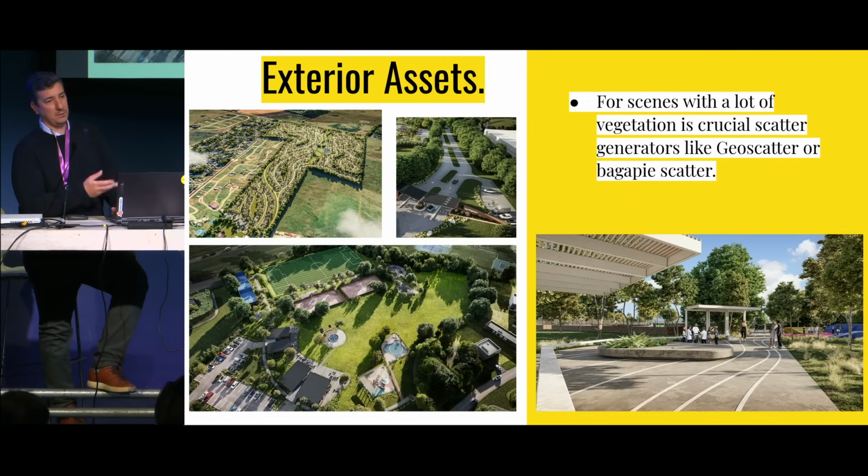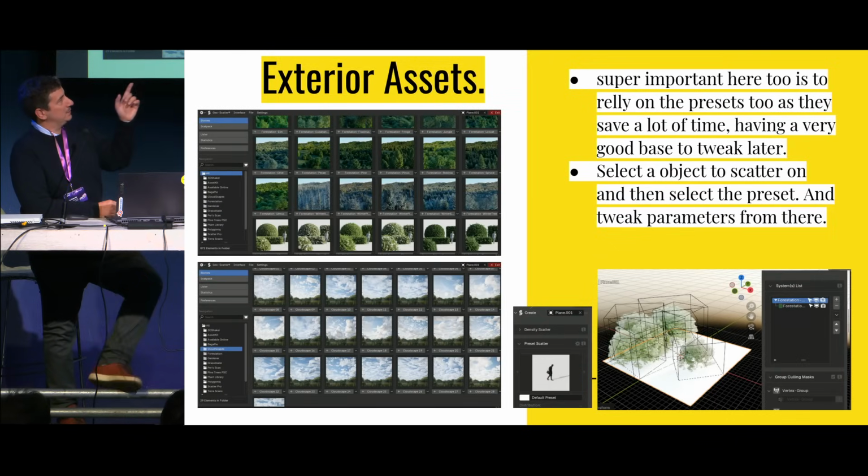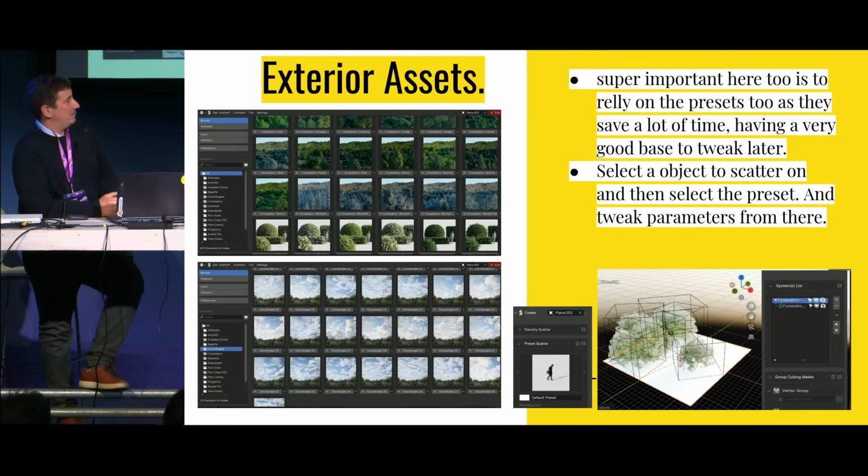With geometry nodes and all the stuff, we now have a one-button ready solution. Mainly we use these two, GeoScatter and Bagapie Scatter, but again we come back to the asset library thing, and it's important to have a lot of different variations.